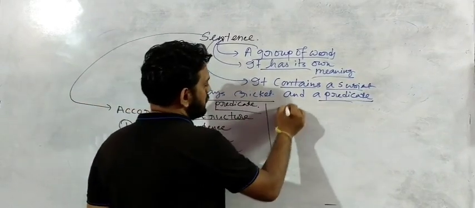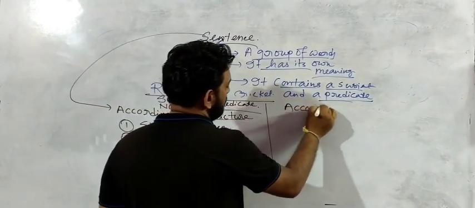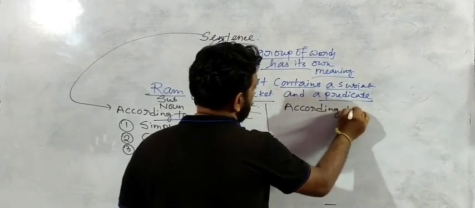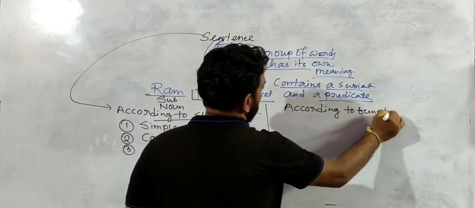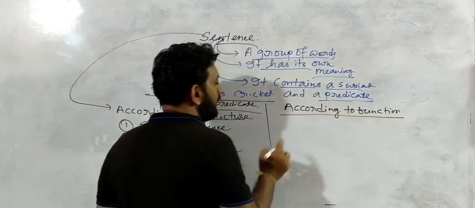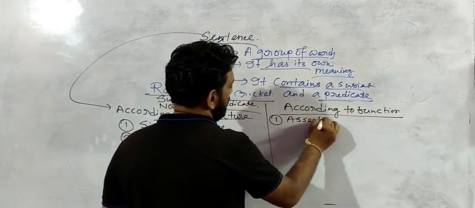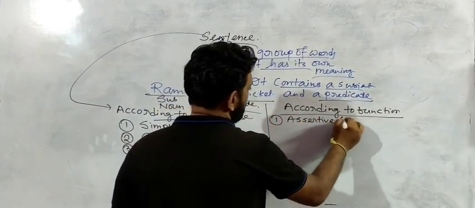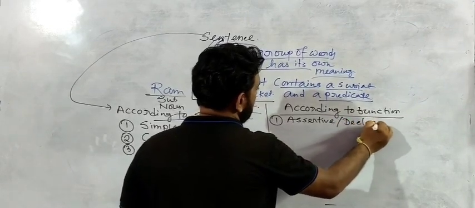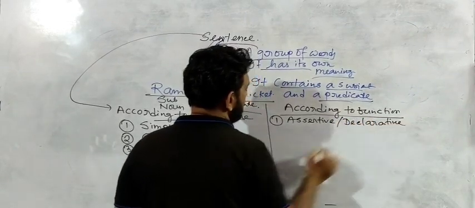And according to function, sentence has been divided into five parts. One is assertive sentence, which is also known as declarative sentence.